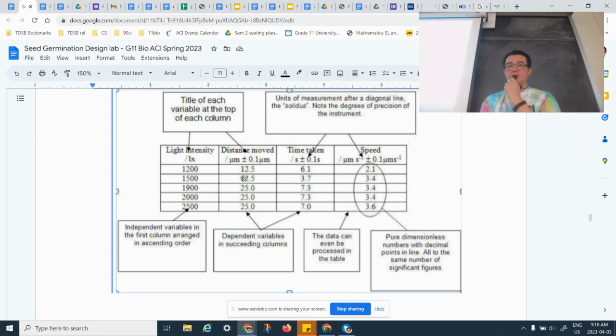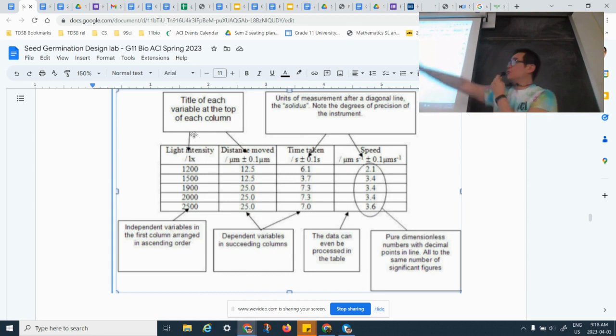So all the tables you've been doing so far. Yes, but I want you to update the formatting. Have a title. The headings need to be clear, showing the units.